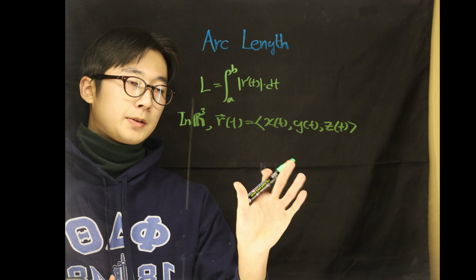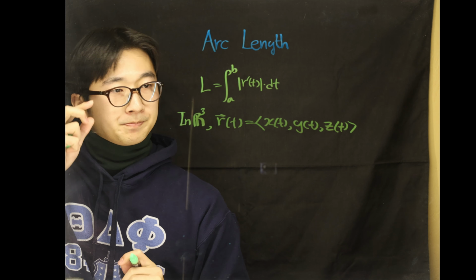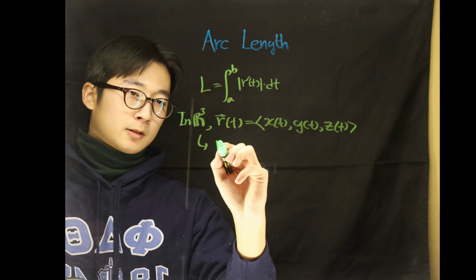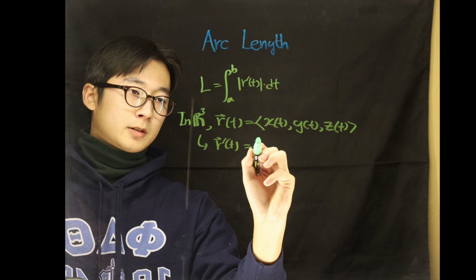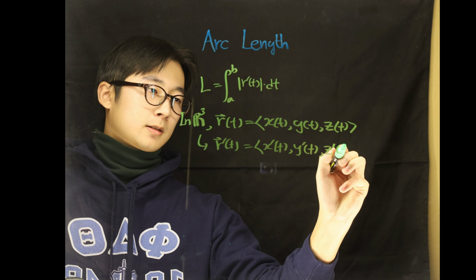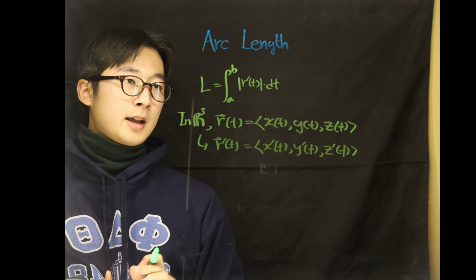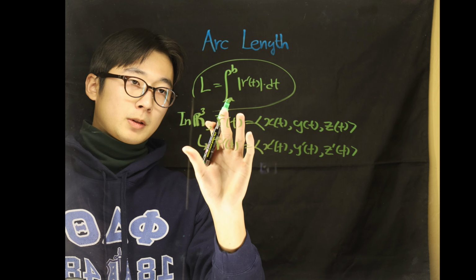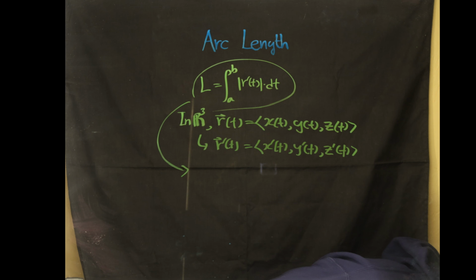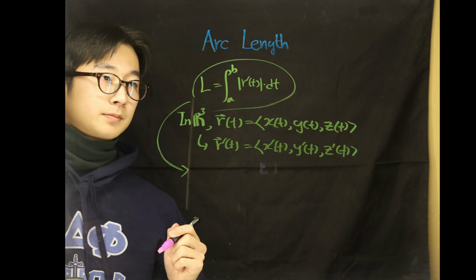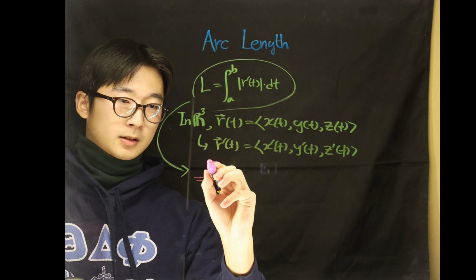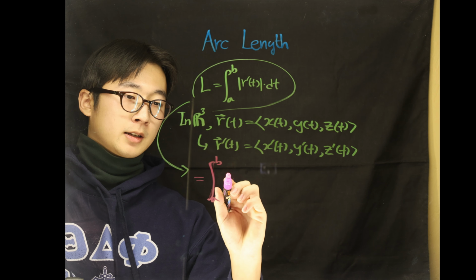This is where VVF, vector valued functions, come in. This means r prime of t should be equal to x prime, y prime, z prime, right? So we can expand this formula into, let me use a pink colored pen, this is equal to the integral from a to b.